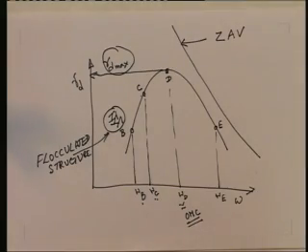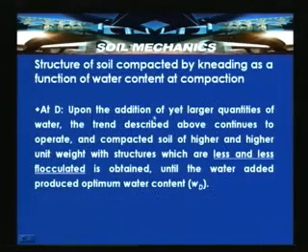So, upon the addition of larger quantities of water, the trend described above continues to operate, and compacted soil of higher and higher unit weight, with structures that are less and less flocculated, is obtained.